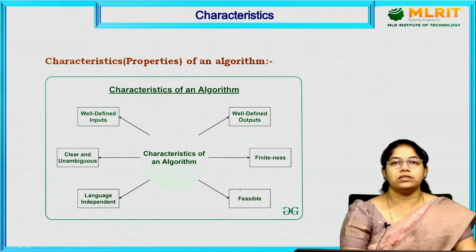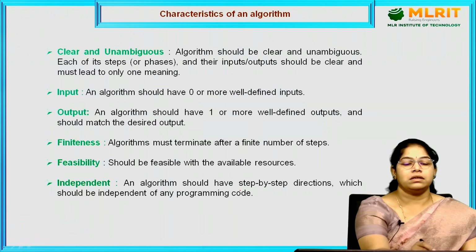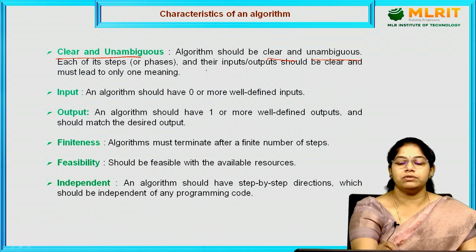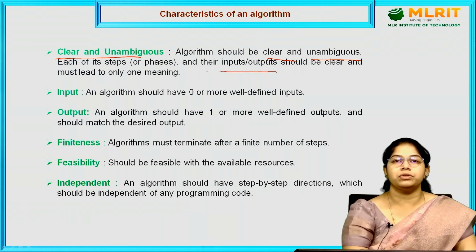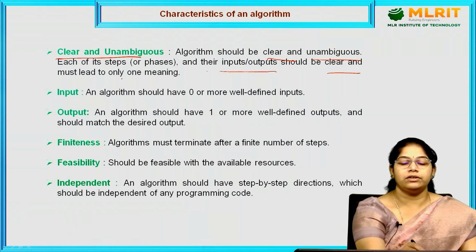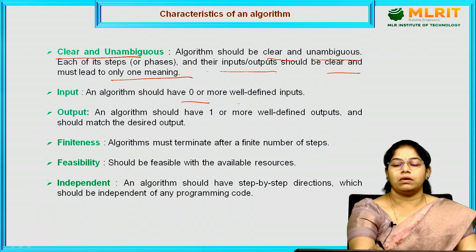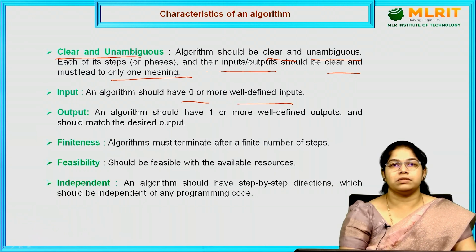These are the characteristics of an algorithm. First one is clear and unambiguous. An algorithm must be clear and unambiguous. That means the steps we are using in the algorithm, the inputs and outputs, must be clear and lead to one meaning. Input: an algorithm should have 0 or more well-defined inputs.